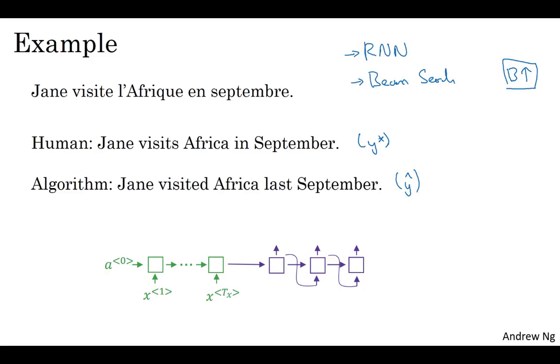Now, the RNN, the neural network, really means the encoder and the decoder.